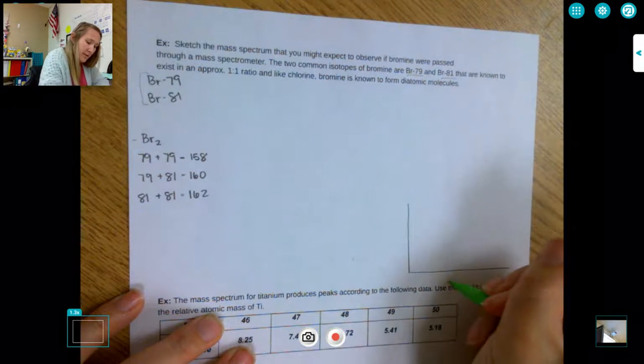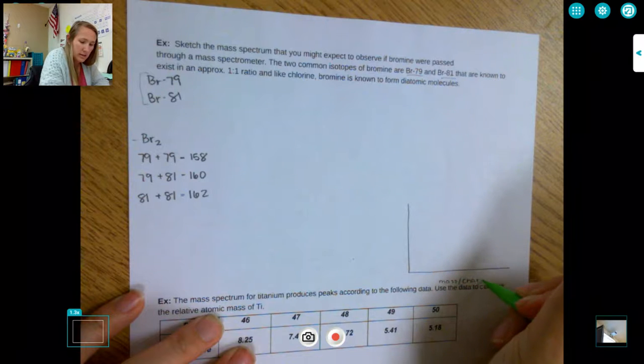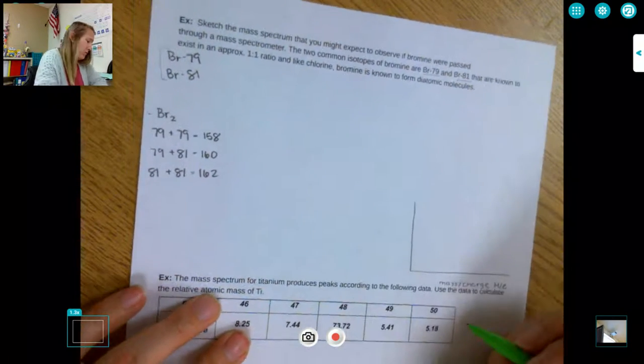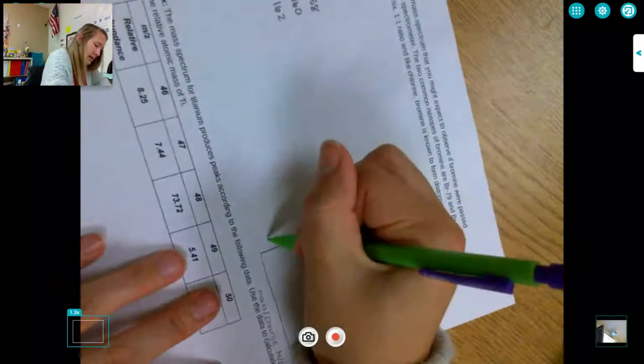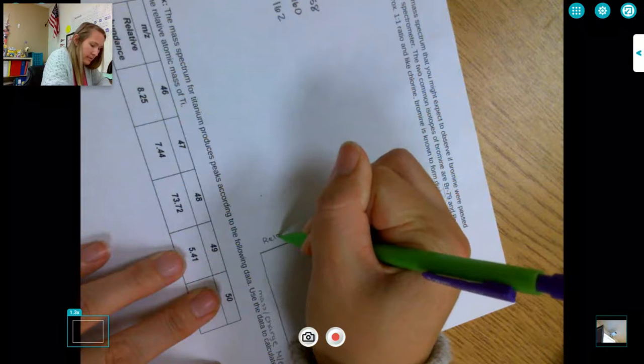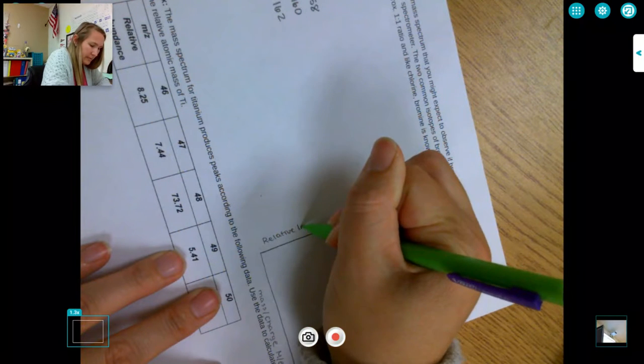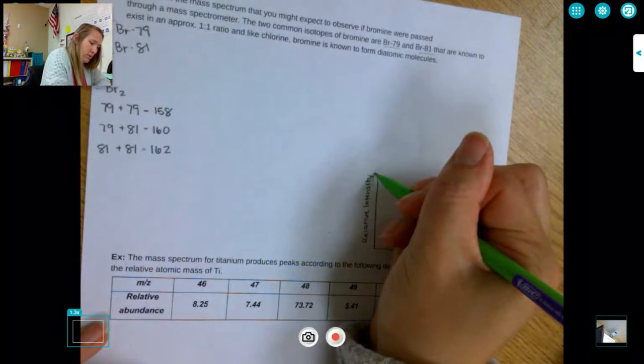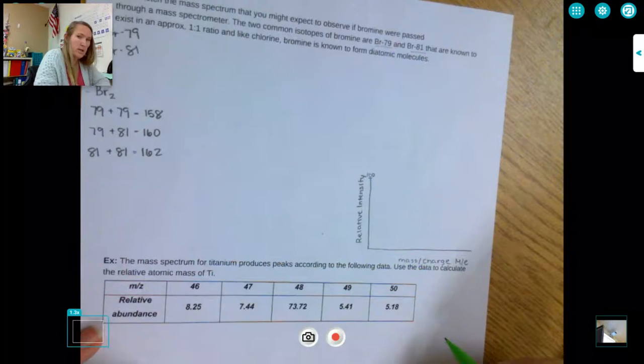I have mass to charge, which we show as capital M/E at the bottom. And then we have relative intensity on the side. And we know that that goes up to 100.